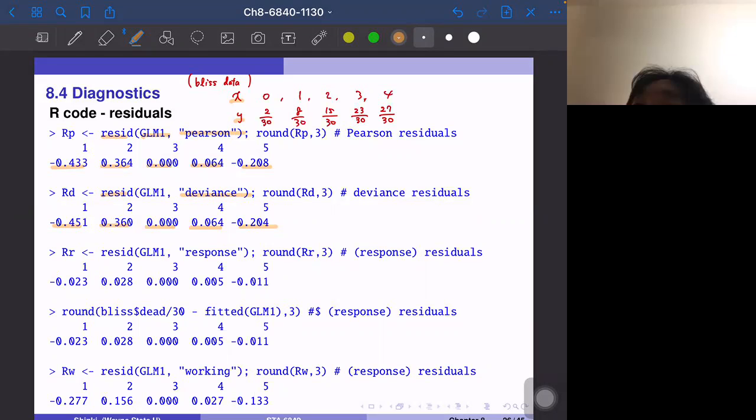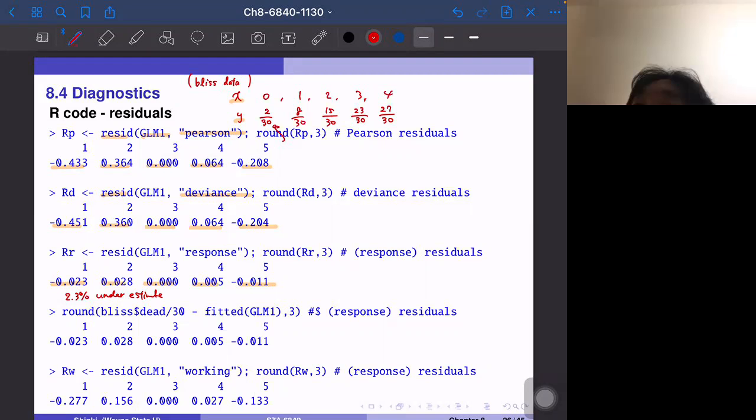The third one is the usual response residual, which is maybe easier to interpret. This means a 2.3% overestimate for this proportion 2/30.